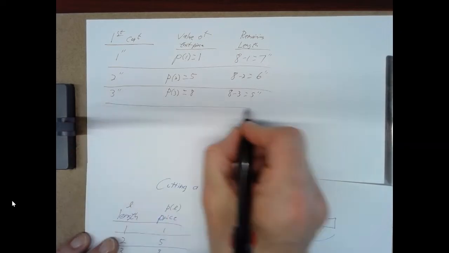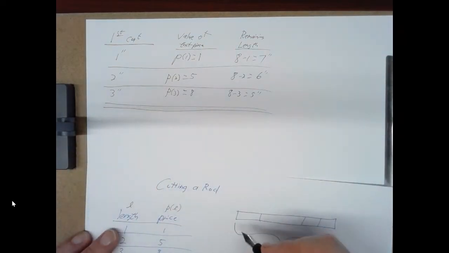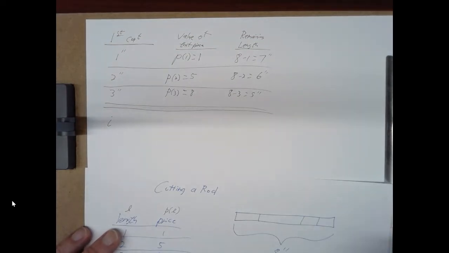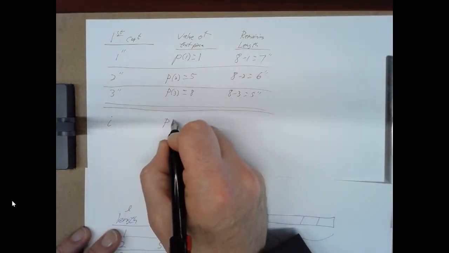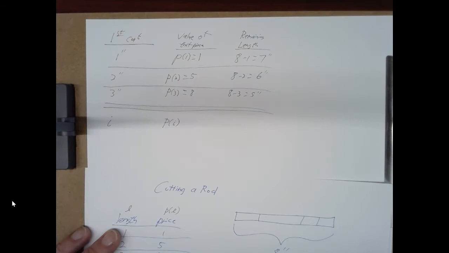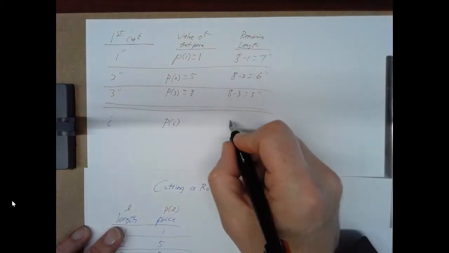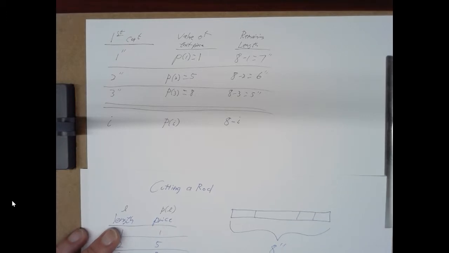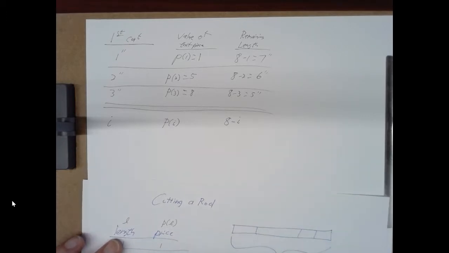In general, if our first cut has a length of i, the value of that piece is the price of i, and the remaining length is 8 minus that length i. Our first cut is going to be something between 1 inch and 8 inches, or 0 and 7 if you like.